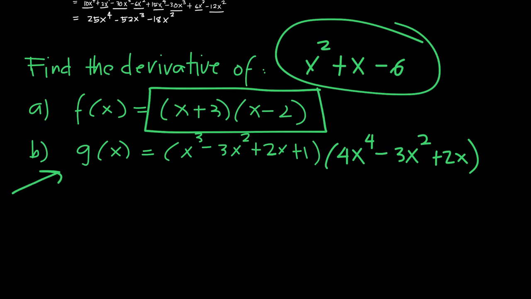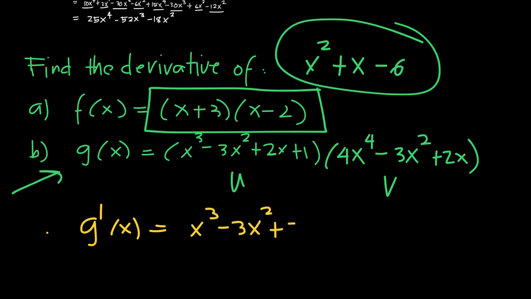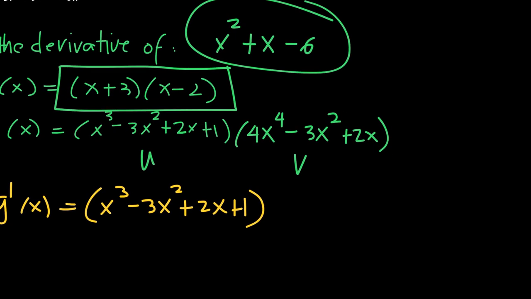So if you will apply the product rule, again, take note that this is the u and this is the v, and simply apply the product rule. So the g prime of x will be equal to u, so let's use the rule. U is x cubed minus 3x squared plus 2x plus 1, and then multiply that by the derivative of v.